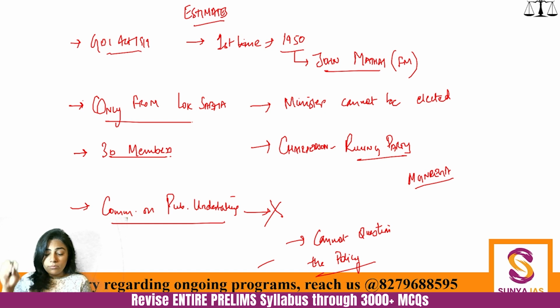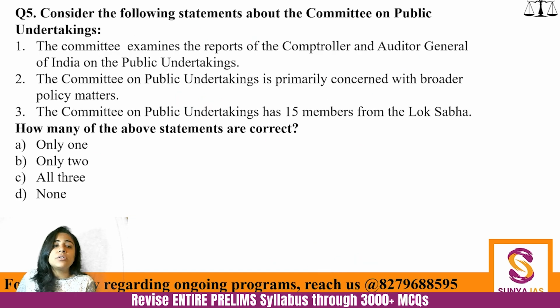No. The estimates committee will only tell them that this is how you can reduce your MGNREGA budget by 100 crores. This is our recommendation. This is what the estimates committee is supposed to do. Nothing more than that. And of course, day-to-day administration, the estimates committee should not intervene in that. I hope you understand. Let's move on to the next question.